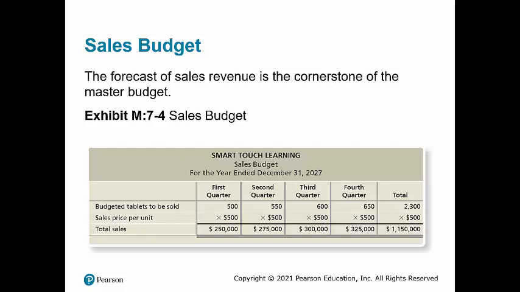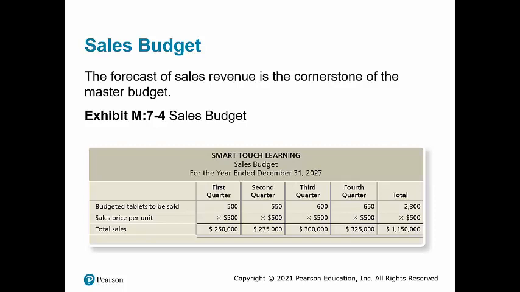You would add all of those quarters together to get total number of tablets to be sold, 2,300, and then we can determine the total revenue for each quarter by multiplying the number of tablets to be sold by the sales price per tablet of $500.